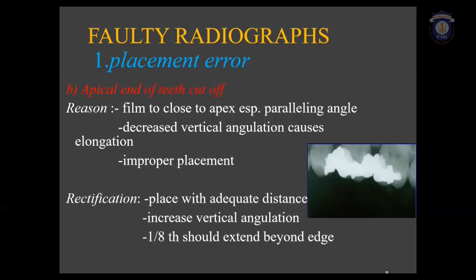To rectify this, we need to ensure that the film source distance is adequate, there is increased vertical angulation, and proper placement of the film in the bisecting angle technique.